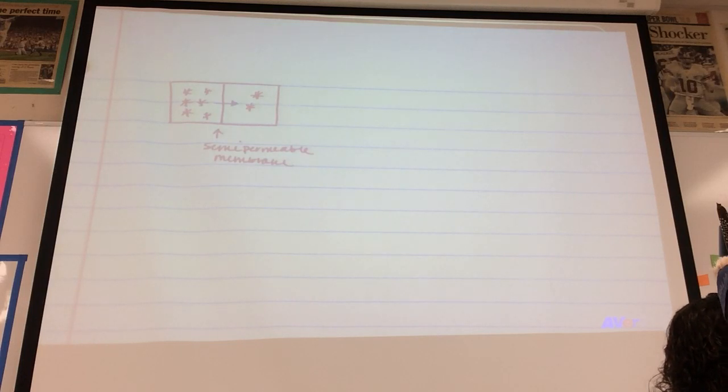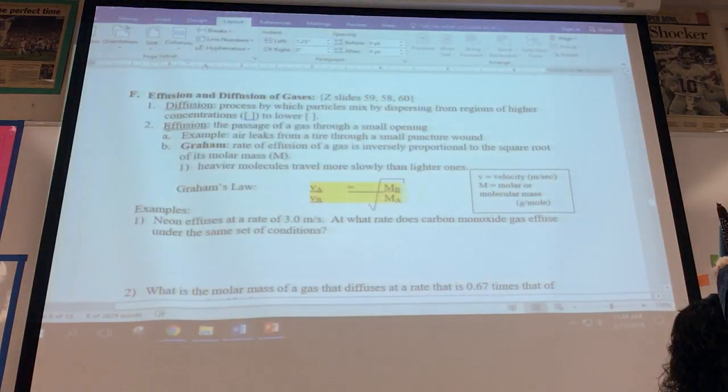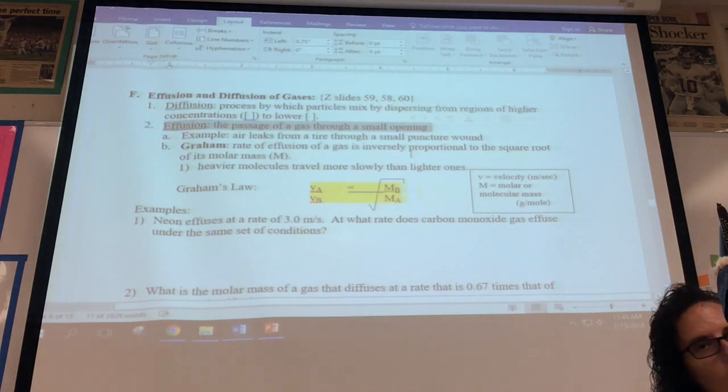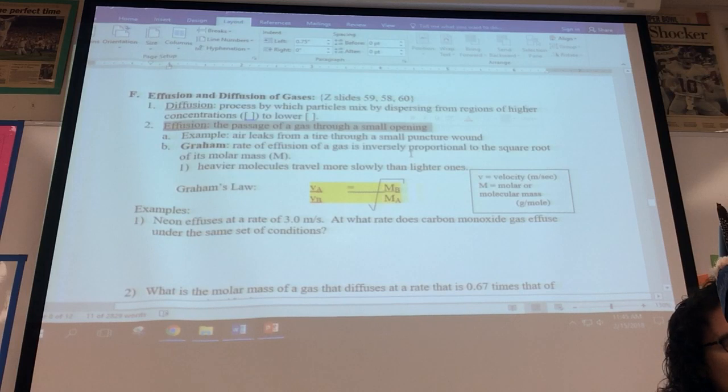And you can see both diffusion and effusion in action. You've learned a little bit about diffusion already. Effusion is the passage of a gas through a small opening. So let's say you went biking and you went over a nail, and all of a sudden your tire was flat.